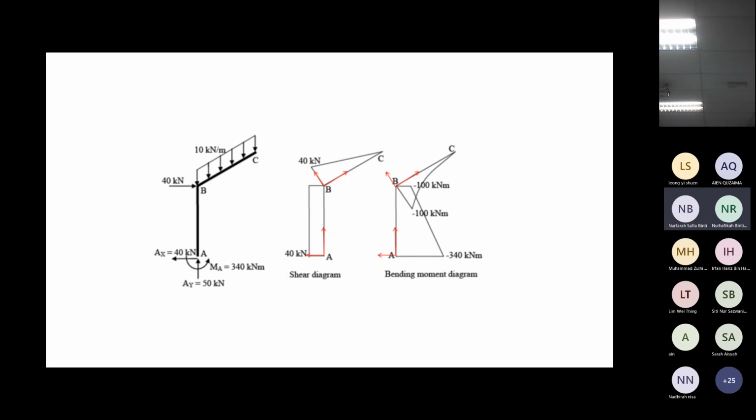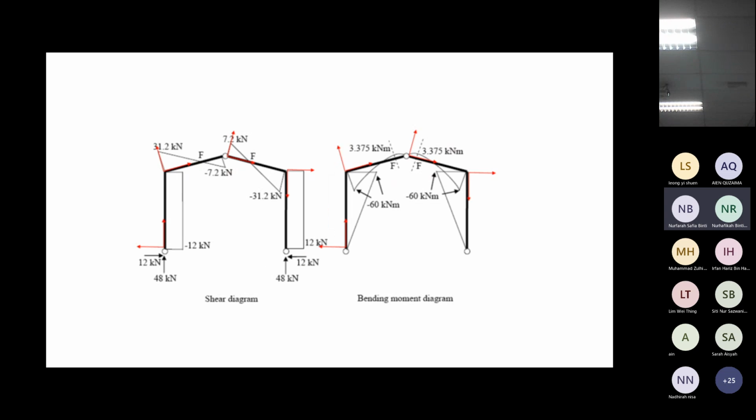Negative 100, if you draw from here, then this one also should be negative 100. They should be the same. And draw it 90 degrees to this member. Draw this one 90 degrees to this member. I don't want to see a bending moment diagram for this part that is not 90 degrees, which is not correctly drawn. It should be drawn 90 degrees to the member, 90 degrees to the member, 90 degrees to the member. Same thing here.